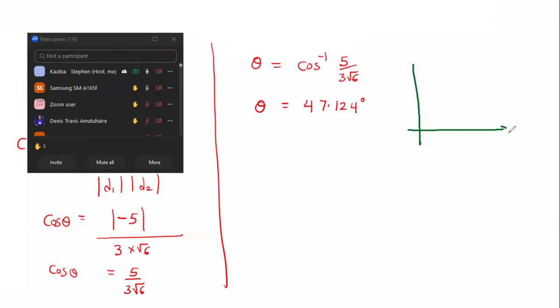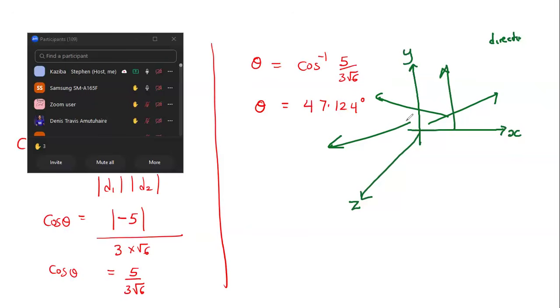This is X, this is Y, and this is Z. Then when they give you a direction in a free plane, a direction can be this side, this side, or that side. That is now the difference.